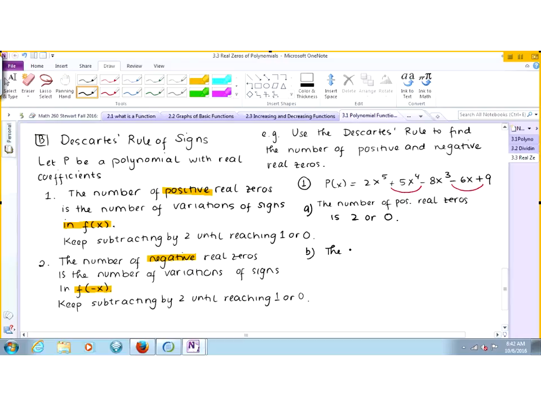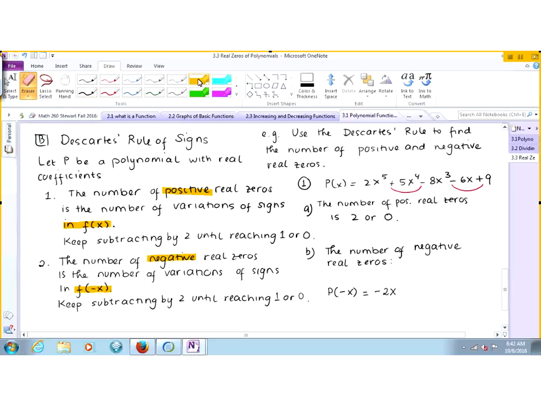All right, now B. The number of negative real zeros. In this case, what am I looking at? Am I looking at P of x? No, I'm looking at P of negative x. So what is P of negative x?